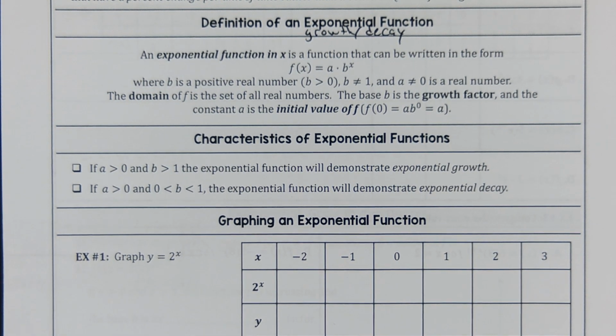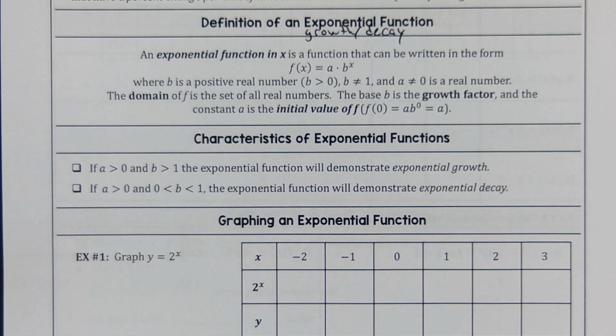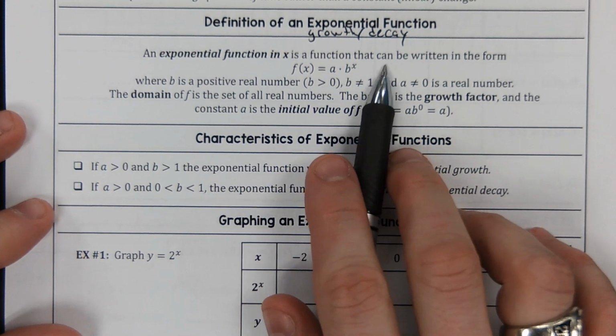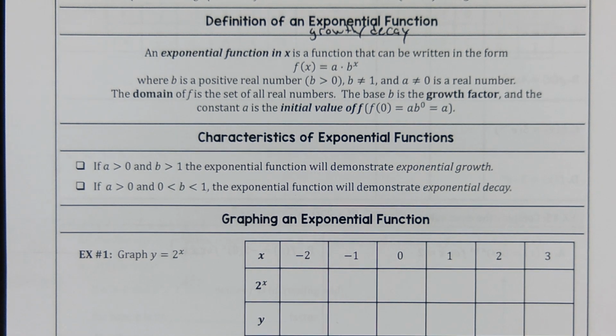However, specifically, b, your exponential base, must be a positive number. Your exponential base can never be 0, because if it was 0, the whole thing would be 0. And your exponential base can never be negative. Why, Mr. Rep? Because your exponent, x, can take on any number at once.